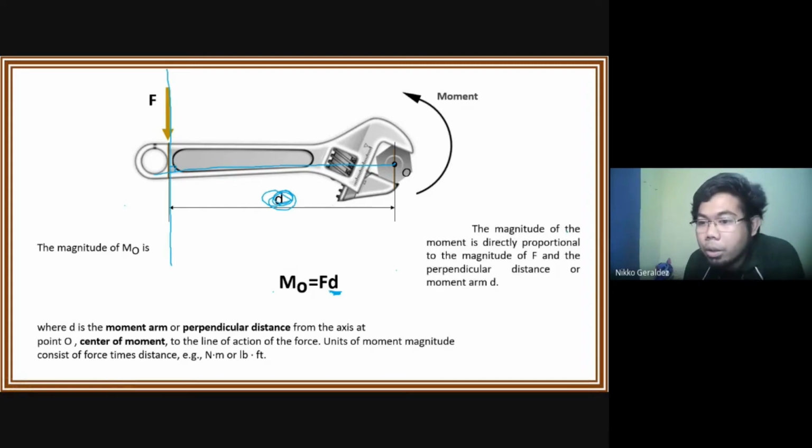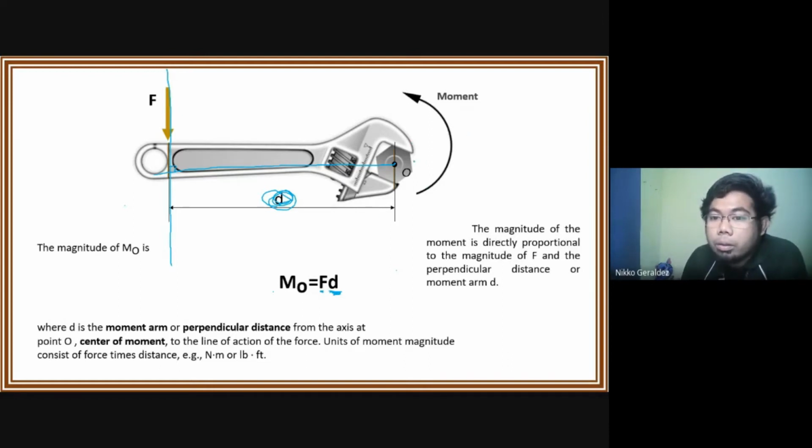The magnitude of the moment is directly proportional to the magnitude of F and the perpendicular distance, or moment arm. Kung malaki ang force F mo, magiging malaki din yung moment.